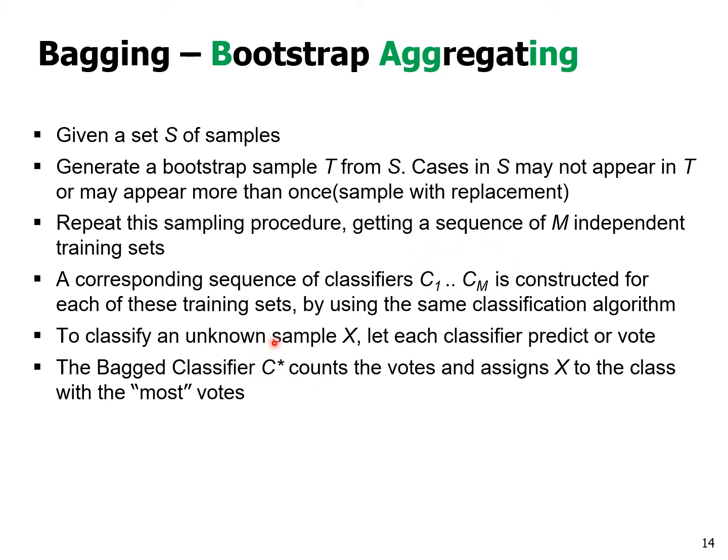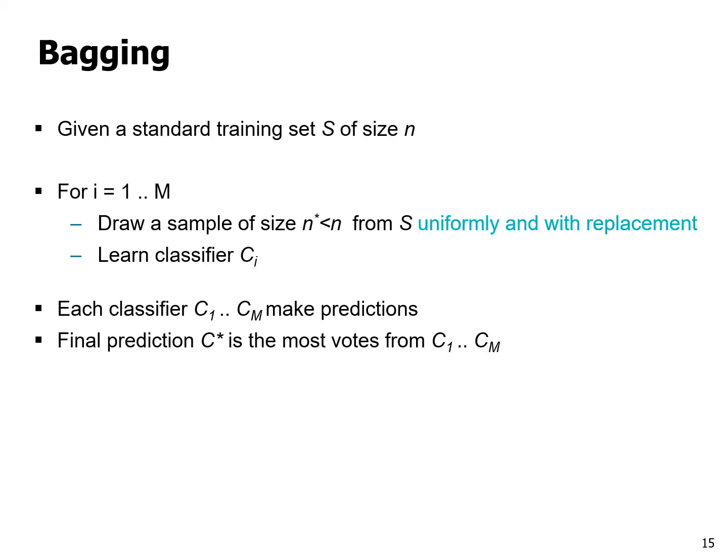Let's say the result is C star. C star simply counts the votes, and the class of x is the class with the most votes. So you choose the majority vote, and the class label with the most votes is the winner. That's how it works in the bagging method.